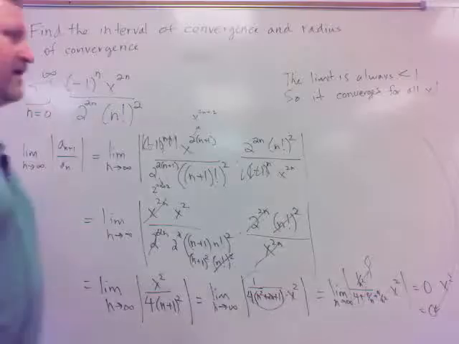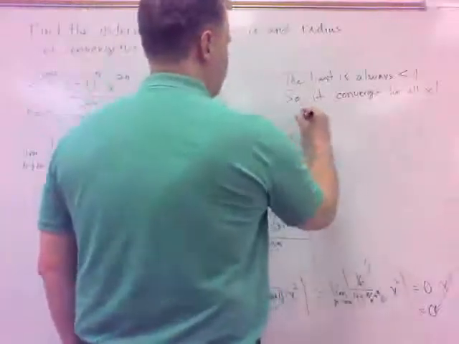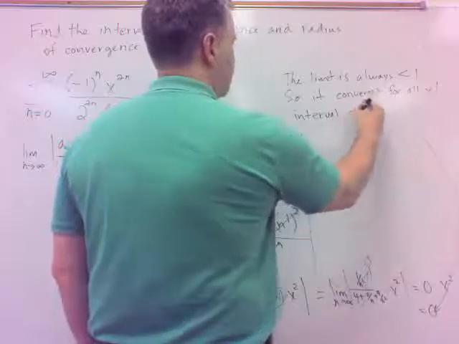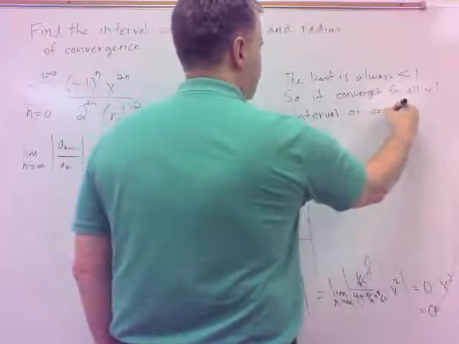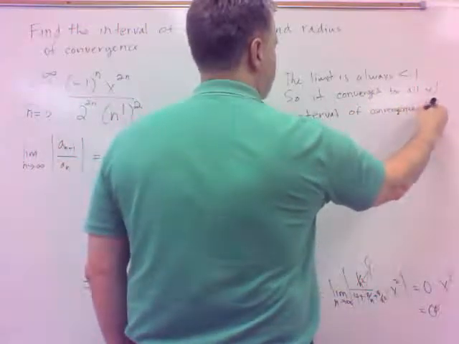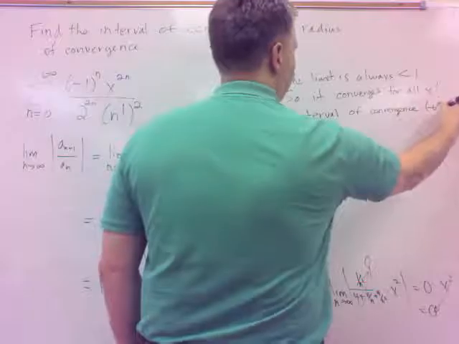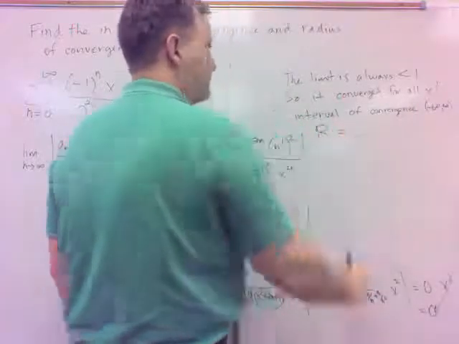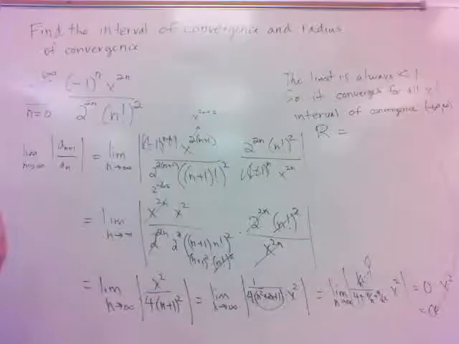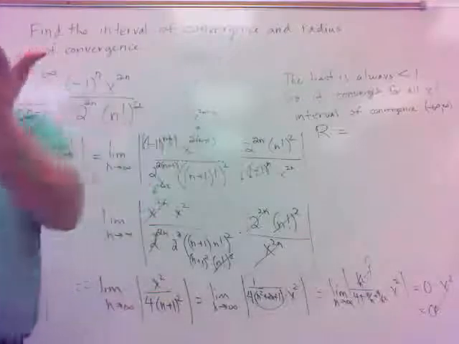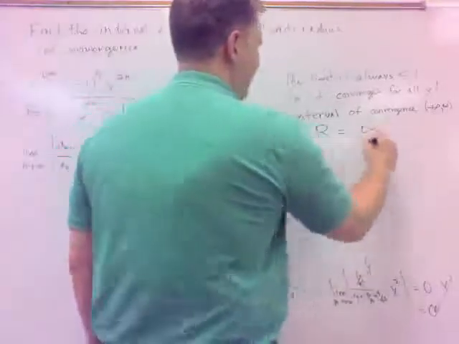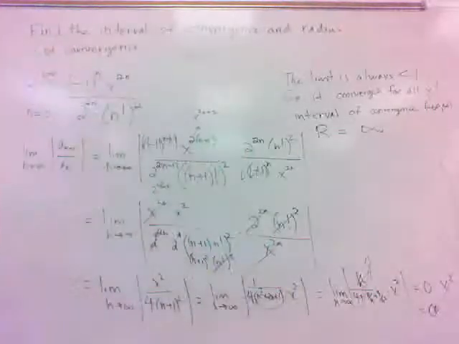So how do we write that? Well, the interval of convergence would be for all x, so that would be negative infinity to positive infinity. And then the radius of convergence r, well, negative infinity plus positive infinity divided by 2, would be an infinite radius of convergence.